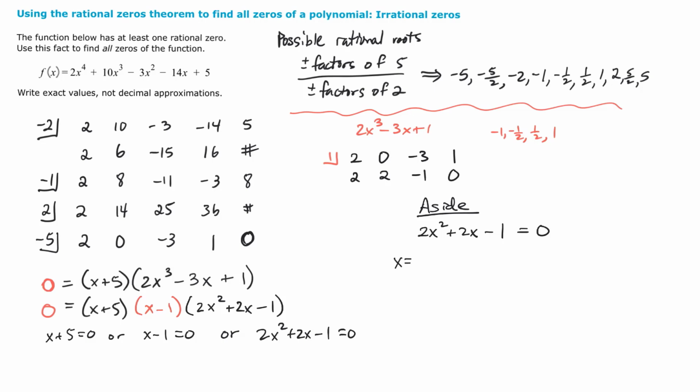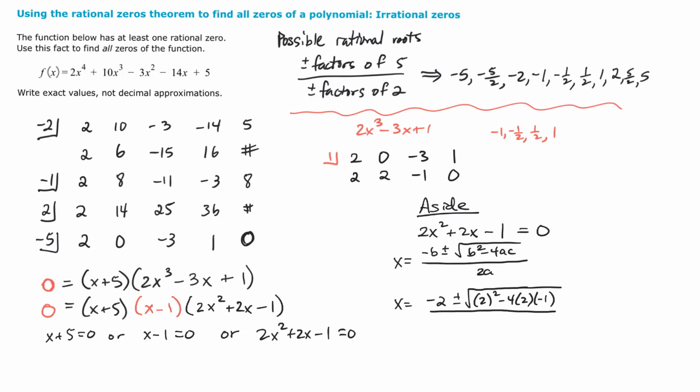So we have x is equal to the opposite of b plus or minus the square root of b squared minus 4ac all over 2a. Not a problem. x is equal to the opposite of b plus or minus the square root quantity 2 squared minus 4 times 2 times negative 1 all over 2 times 2.